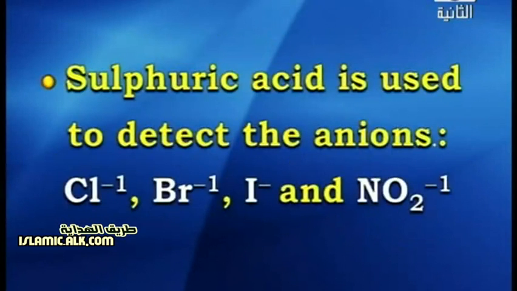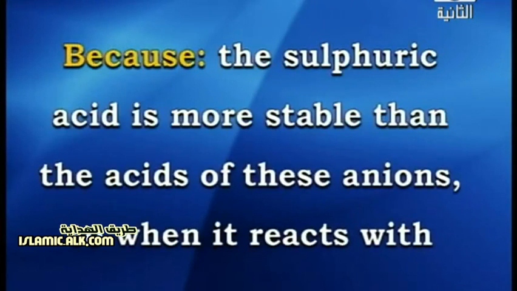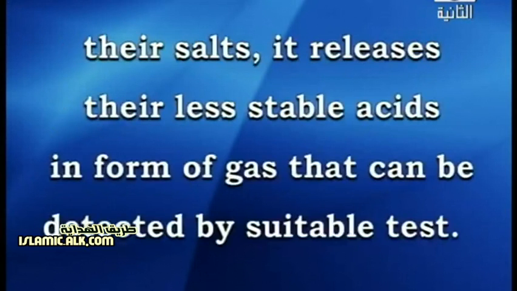Next one. Sulphuric acid is used to detect the anions chloride, bromide, iodide, and nitrite. The answer is because sulphuric acid is more stable than the acids of these anions, so when it reacts with their salts, it releases their less stable acids in the form of a gas that can be detected by a suitable test.